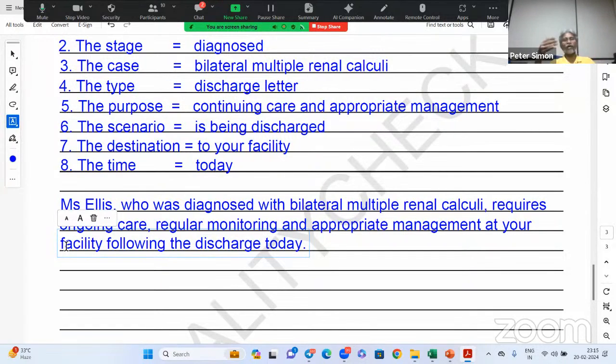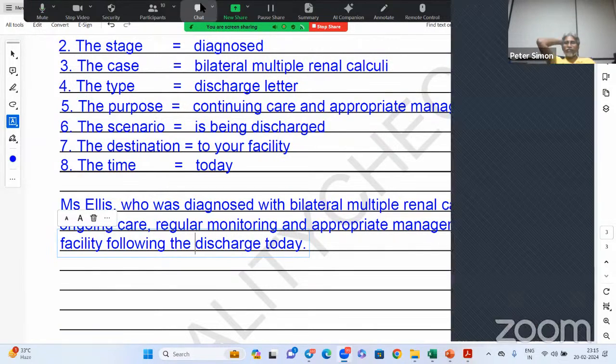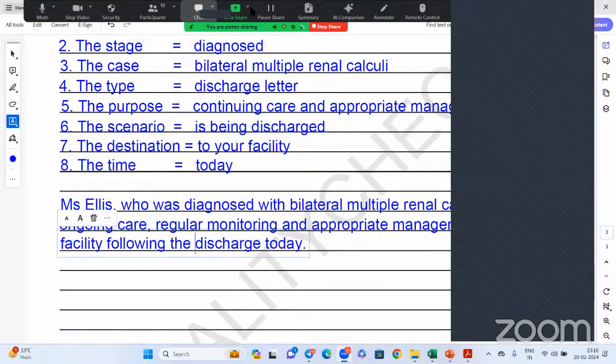So this is how I write. Suppose example, this is one way of writing. There are many ways of writing. What you are supposed to do is you can write your own sentence.